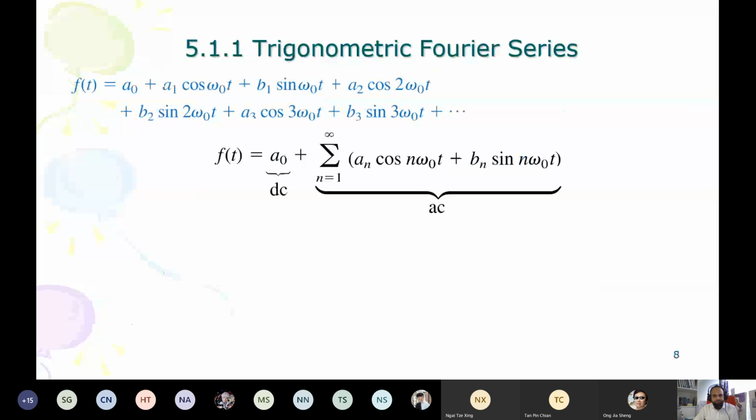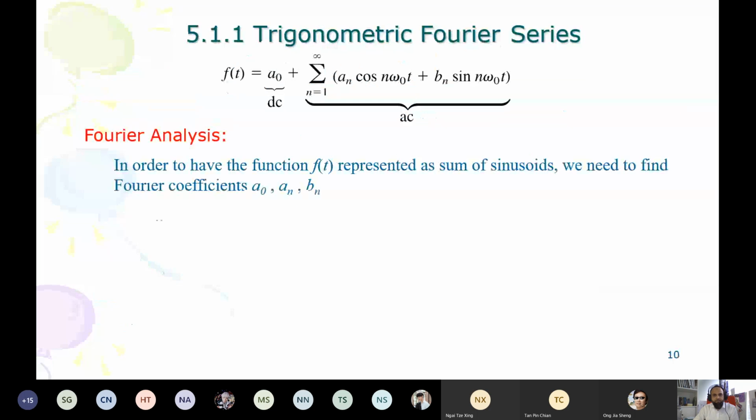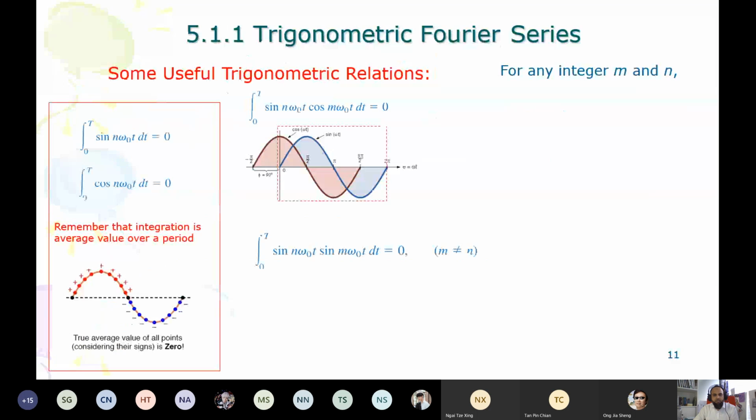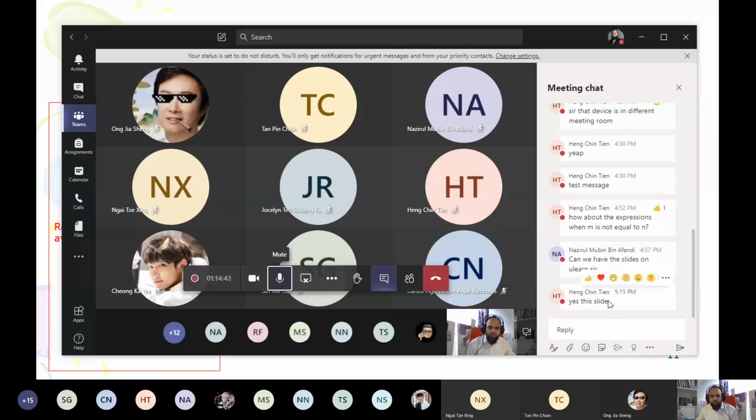You see that when m is not equal to n, this will be 0 and this will be 0. But when m is equal to n, this will become sine square, this will become cosine square, and this is where it becomes T by 2. If that answers your question. Is that clear?